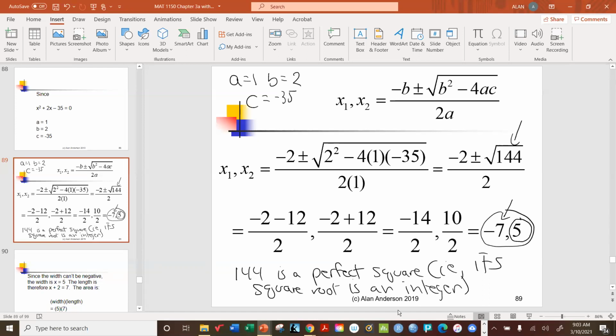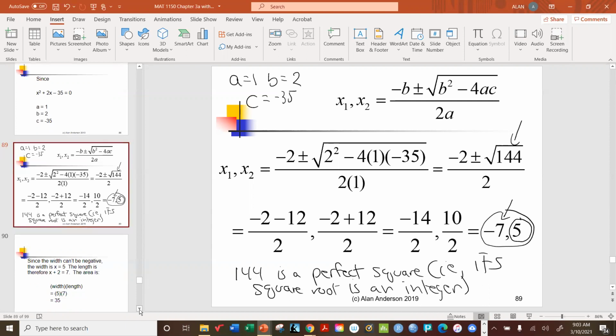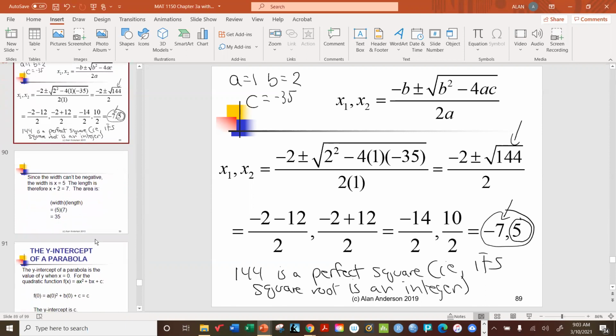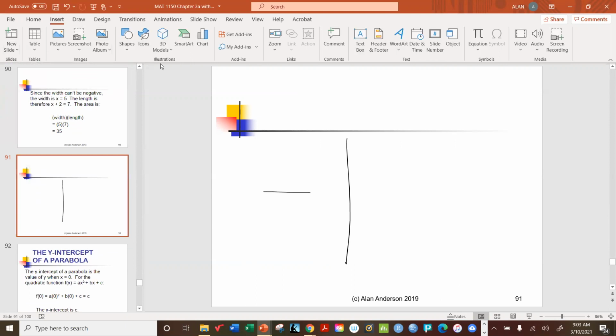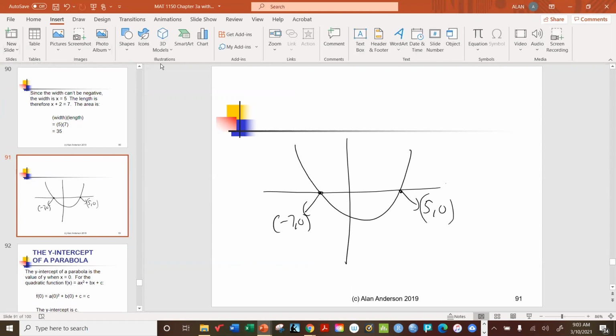All right, so in other words, if you drew this thing out, let's just draw this real fast. This is your parabola. You've got (-7, 0) and (5, 0) as your solutions. But because we're dealing with physical dimensions, only the first quadrant is relevant in this case.